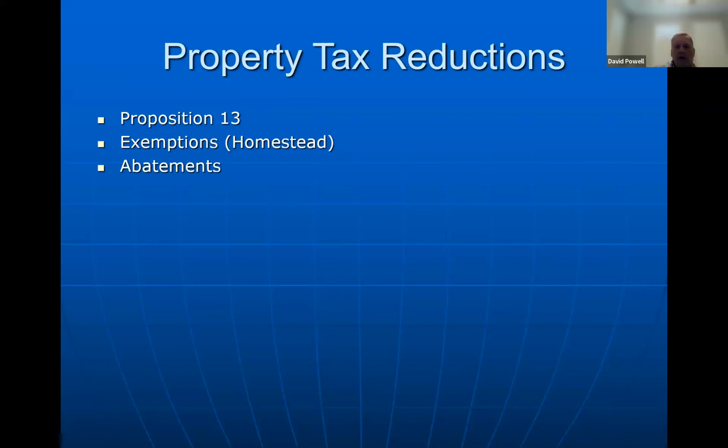Then a third type of circuit breaker, a third type of reduction, is what's called an abatement. Abatements are a little bit different in that abatements are negotiated circuit breakers. Typically, they're going to be negotiated between the government and a corporation that has decided to move into that jurisdiction.